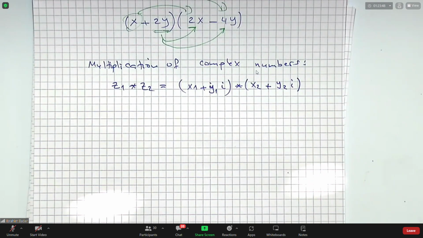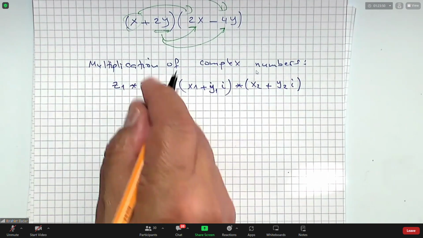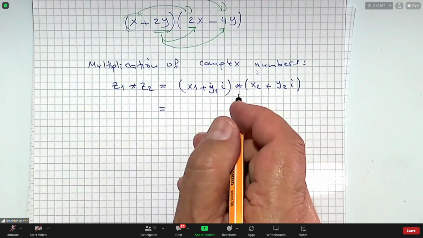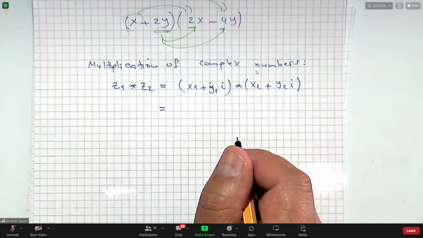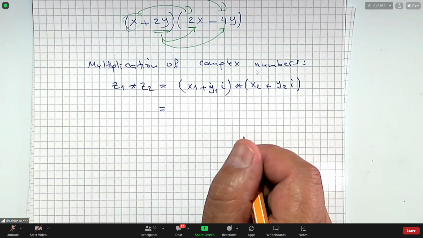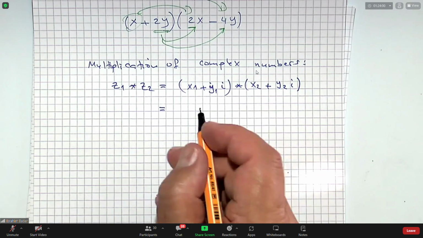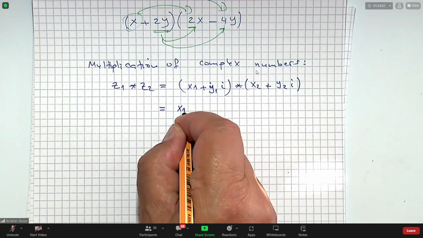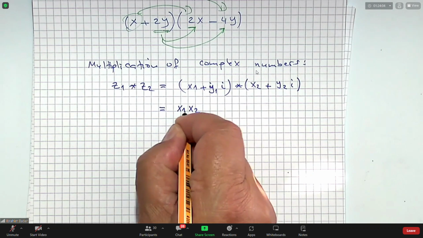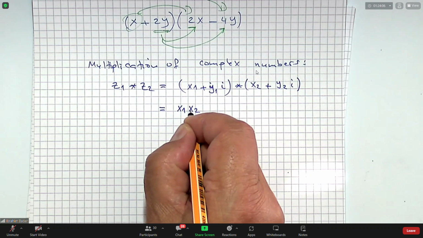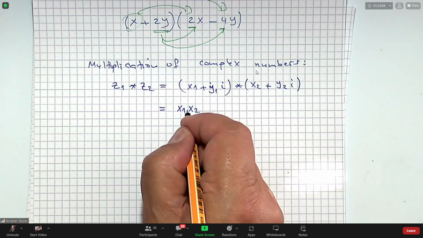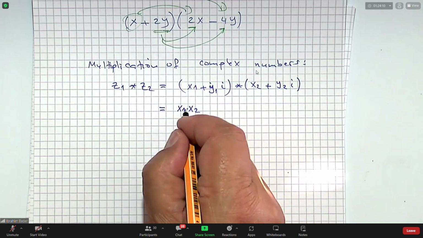Let's evaluate this. Now, as the formula up there, who's going to tell me the first entry in this multiplication? x1, x2, right? And notice that this here in between is real number multiplication, so that's why maybe I use a dot here.